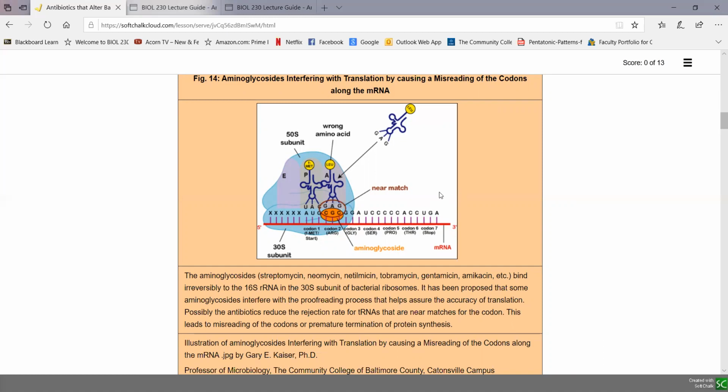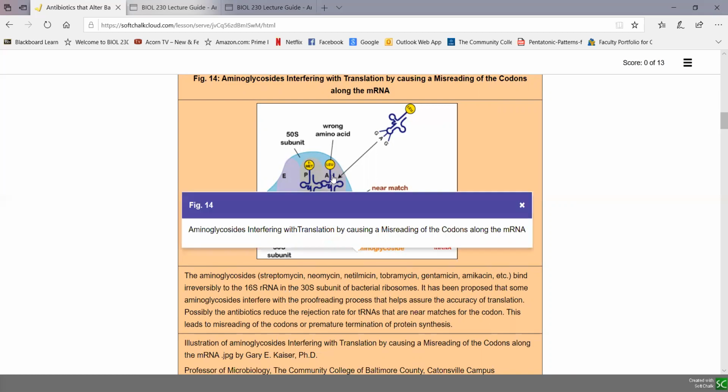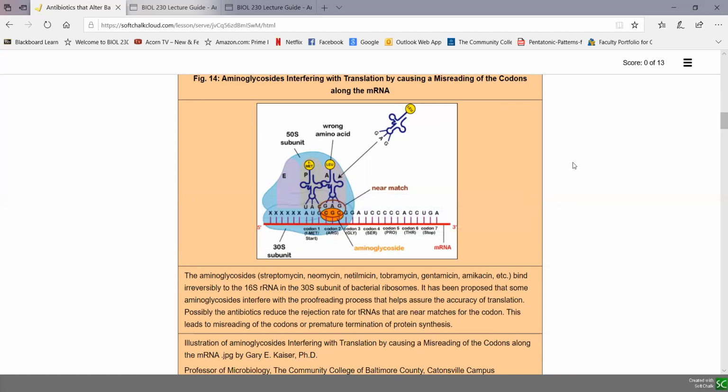Guanine pairs with cytosine. Now, normally, this transfer RNA would not line up here because adenine doesn't pair with guanine in the middle. But because that guanine's knocked out of alignment, the middle base doesn't have to hydrogen bond. So only the two on the ends have to hydrogen bond.